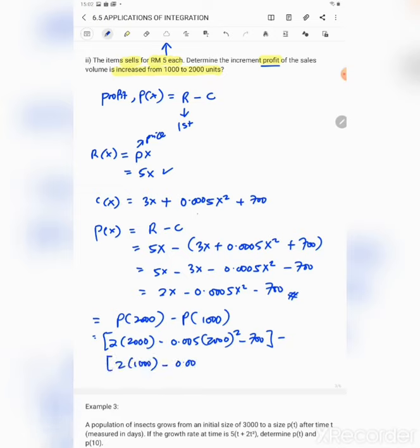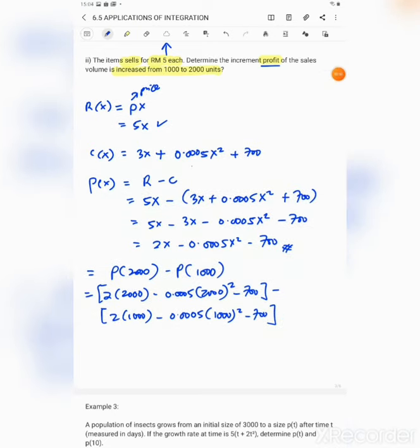When you press your calculator, the answer for number 2 is the value for this, 1300, minus 800.